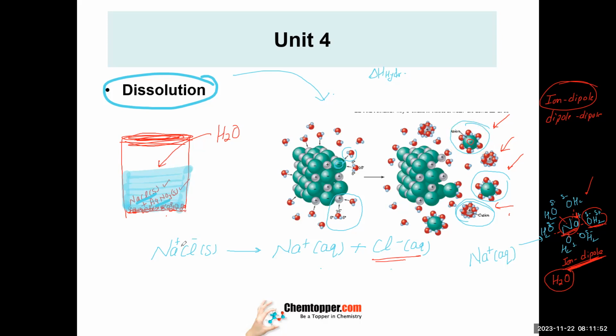Okay. Now when I added water, we are back to the solution, children. When we added water, NaCl split apart like this. Please understand this very well. And what happens to AgNO3? It's also going to split apart: Ag plus aqueous, NO3 minus aqueous.